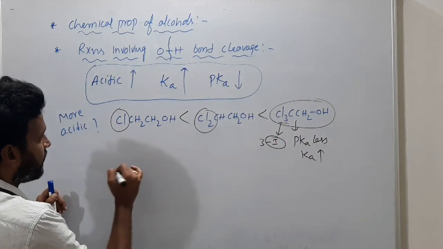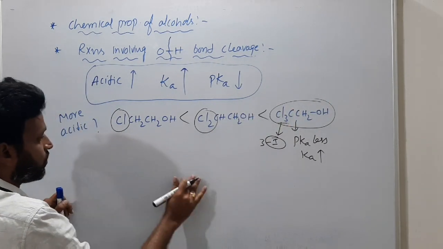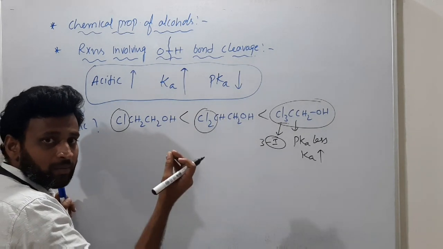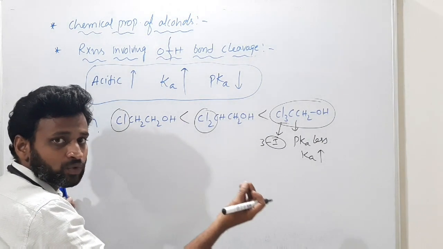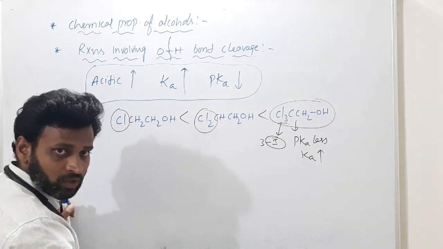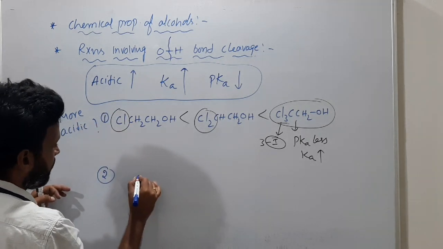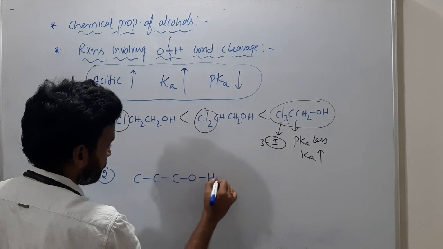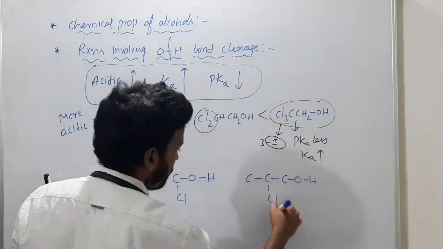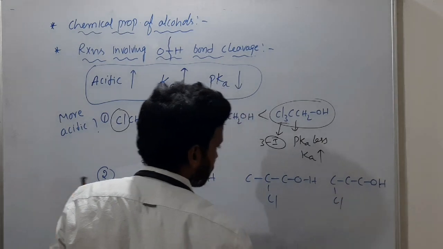Getting? So what I said already, if minus I groups increase, then acidic character increases. One more most important thing is distance. If the minus I group is directly attached to the carbon to which the OH group is attached, then acidic character is more. Understood? I will give an example. The second example: CCCCOH with chlorine, CCCOH with chlorine, and CCCOH with chlorine.